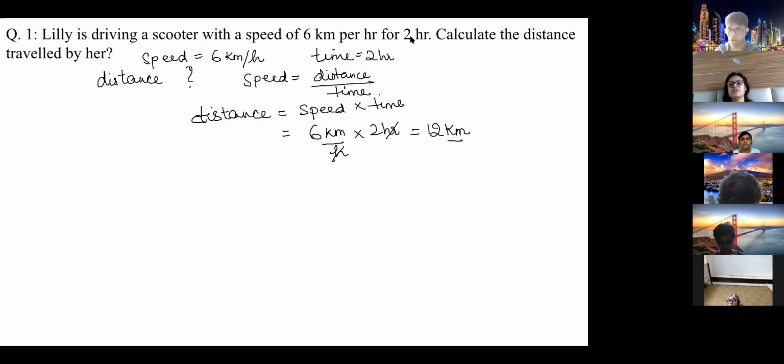You will have to make both in hours. Here both are in hours, so you used it and got the answer in kilometer. If it is asked to find out in SI units, then you can convert kilometer into meter. Okay, now next question.